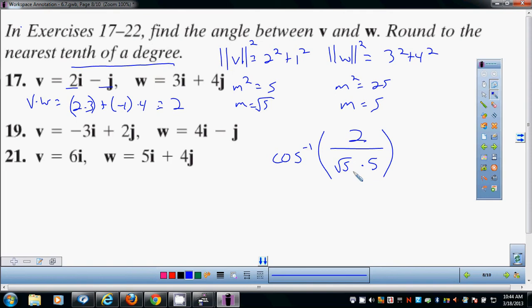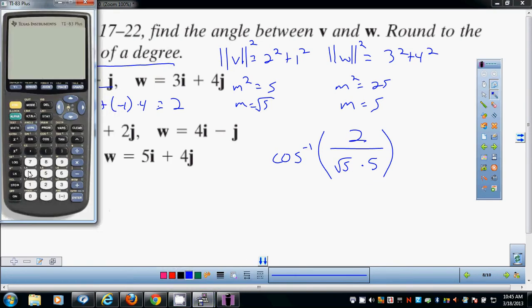Someone brought up an interesting point. When we punch this into the calculator, second cosine 2 divided by the square root of 5 times 5. Now, if I hit enter right now, why is it going to tell me error? That's right.